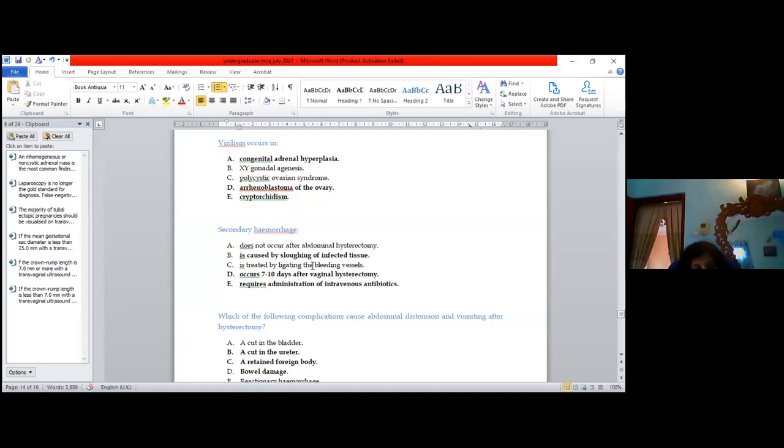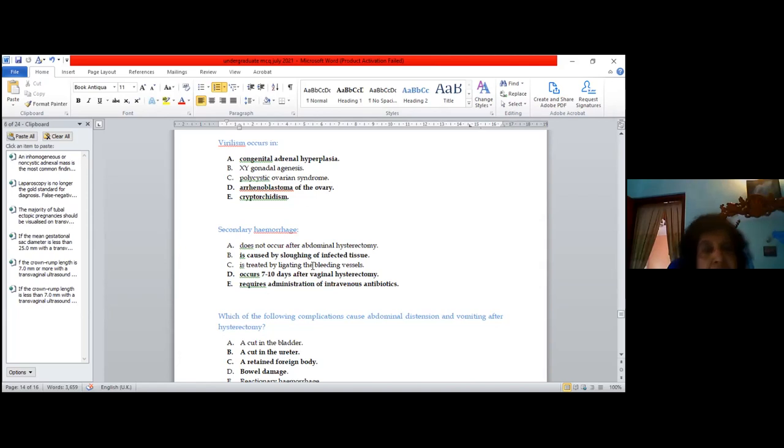So it can occur after abdominal hysterectomy, so that option is wrong. It's caused by sloughing of infected tissue, correct. It cannot be treated by ligating the vessels, correct. Occurs 7 to 10 days after vaginal hysterectomy is correct. Administration of intravenous antibiotics is correct.